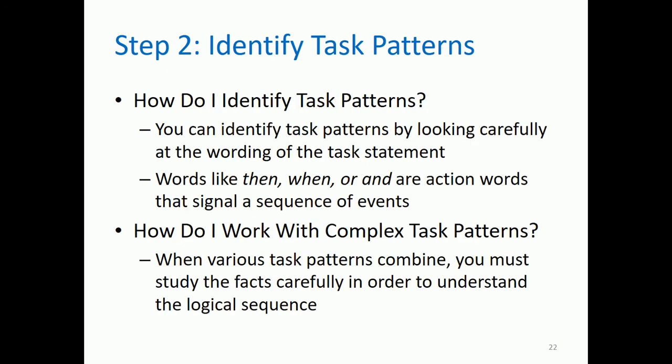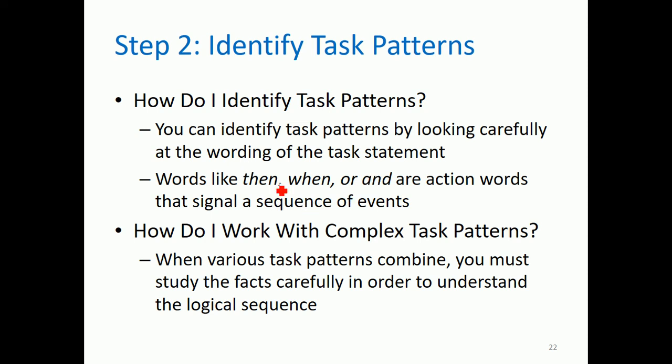So, how do I identify task patterns? You can identify task patterns by looking carefully at the wording of the task statement. You have to be analytical or analyze the wording of a task statement. So, words like then, when, or and are action words that signal a sequence of events.